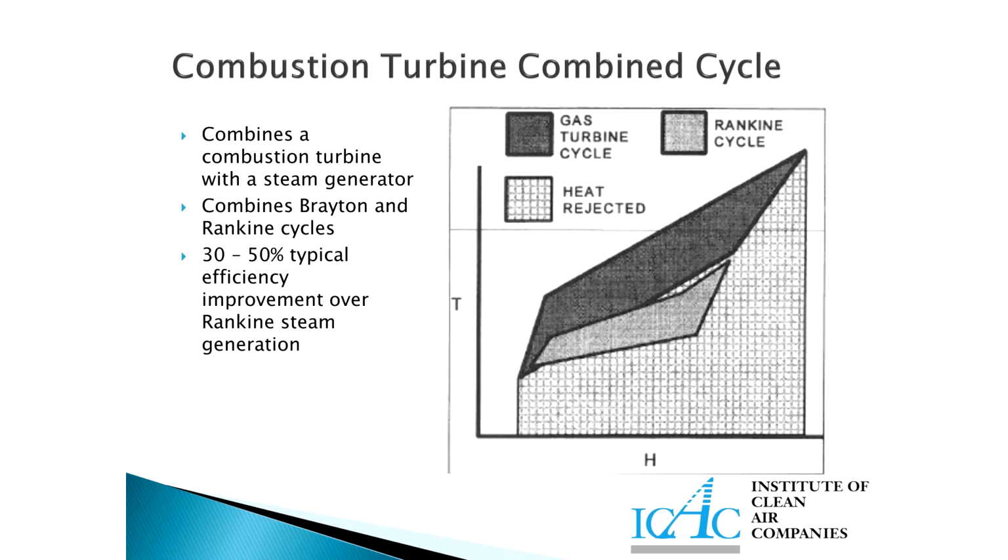When you add up the shaded areas between these two, that's what you get. That's why you get the better efficiency. And typically, the efficiency is as high as 50 to sometimes 60% better than a Rankine cycle.